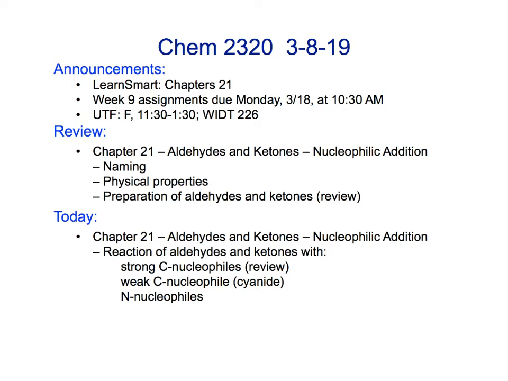One is another carbon nucleophile, but a much weaker nucleophile, cyanide. And then we're going to look at amines as nitrogen-based nucleophiles. After that, we'll look at oxygen nucleophiles, but that'll be next after break. All right, so let's do a clicker.